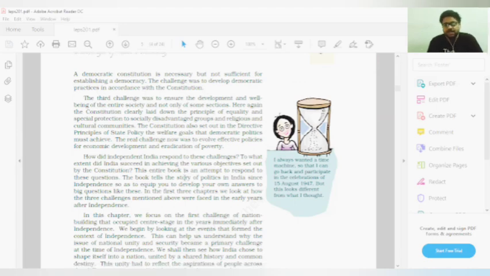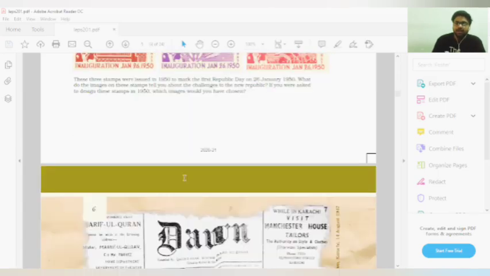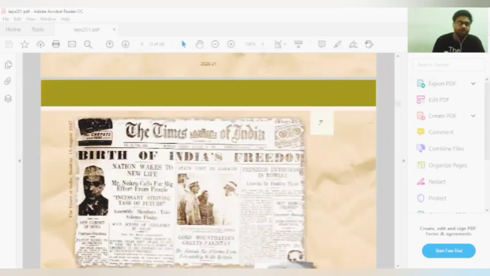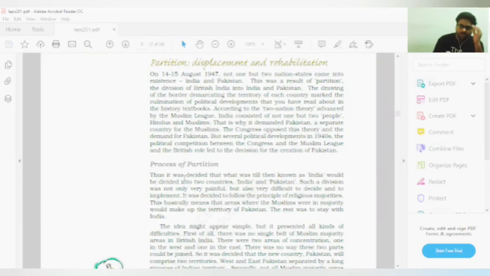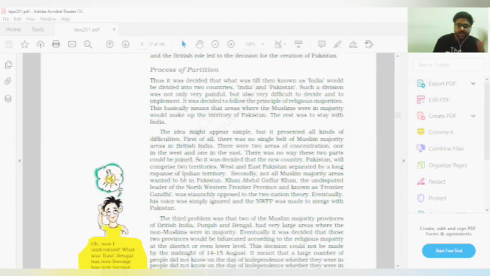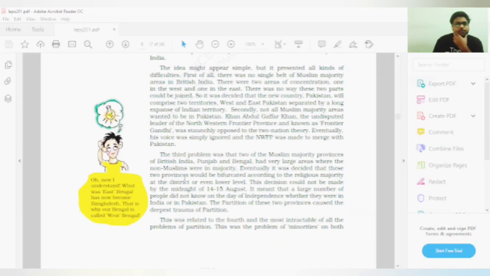At various places, they were in majority. So you cannot make so many Pakistans in just one place. So it was decided that Pakistan will be made of two places, East Pakistan and West Pakistan.